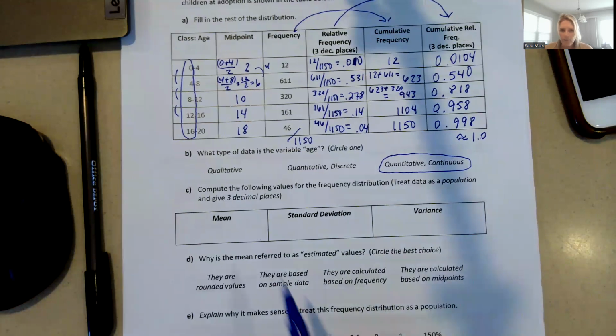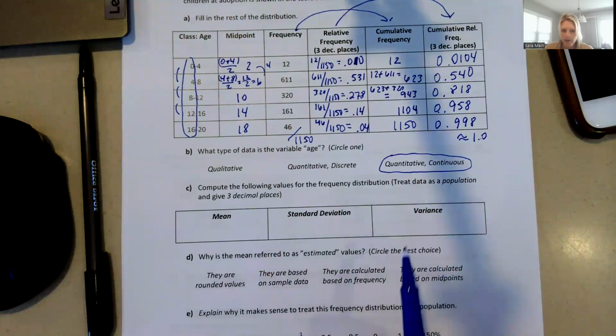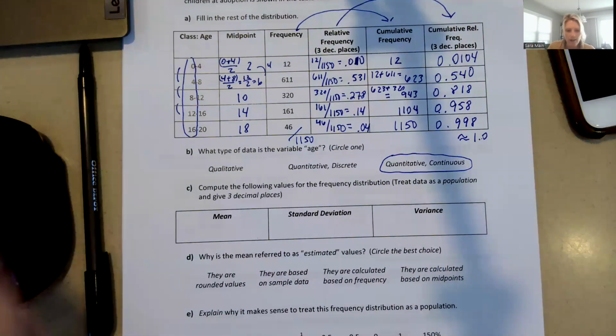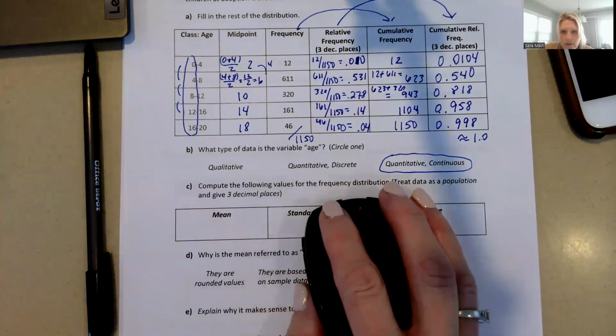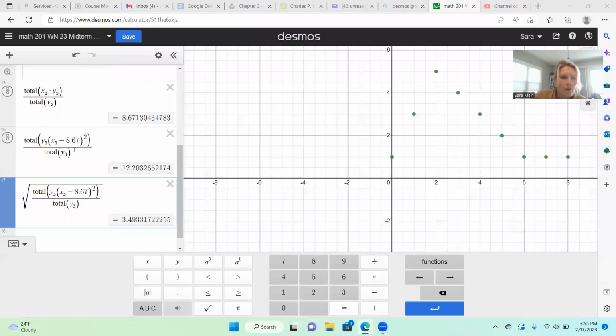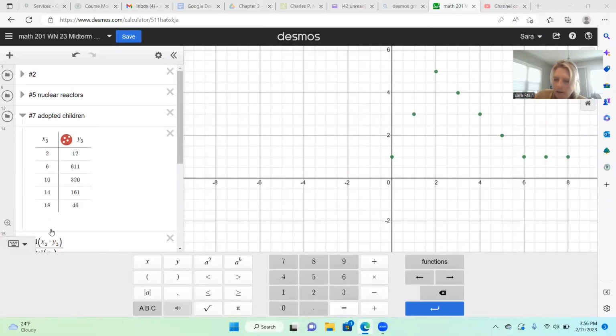Next up, we're going to find the mean and standard deviation and variance. And so we're going to go to Desmos for that. So go ahead and open up your Desmos. Okay, here's our data. Notice X3 are my midpoints of the ages that the children were adopted, and Y3 are the frequencies.